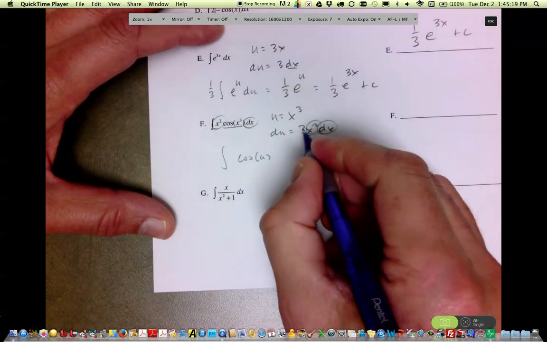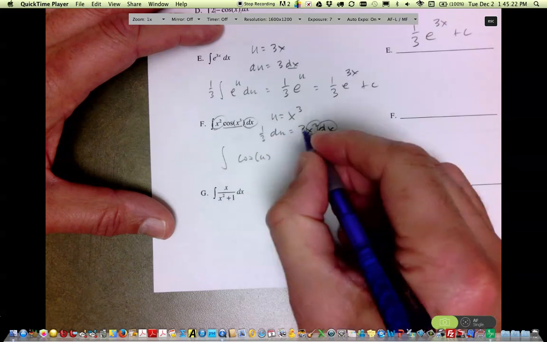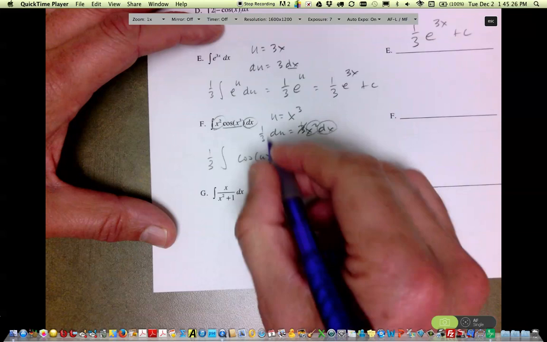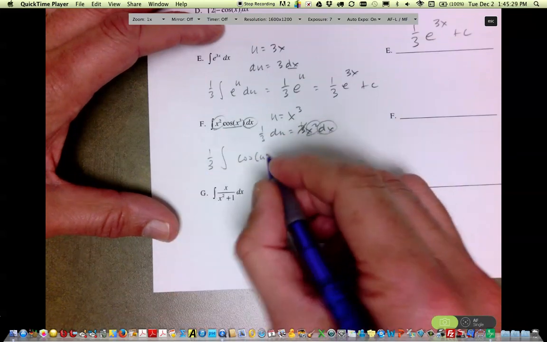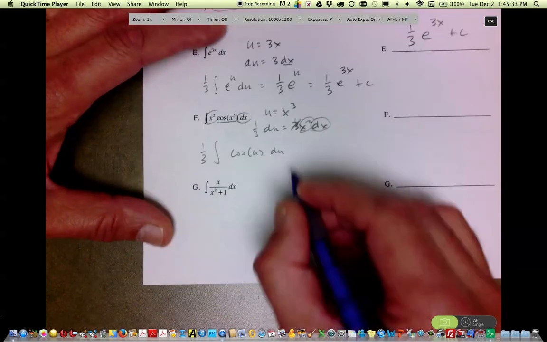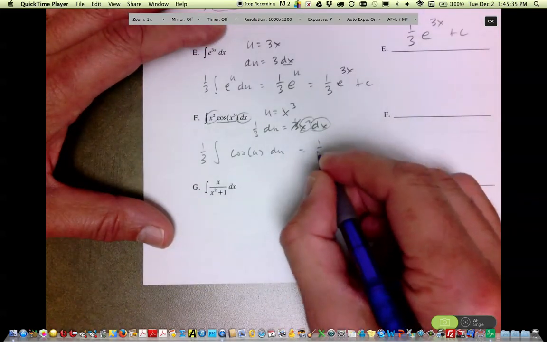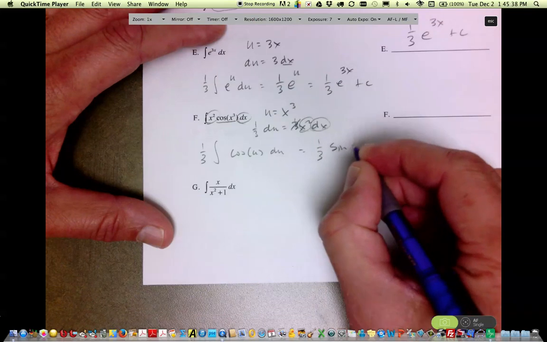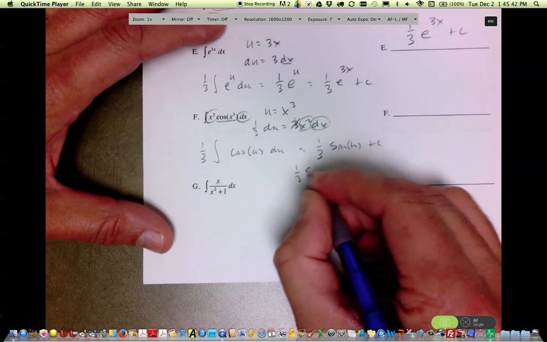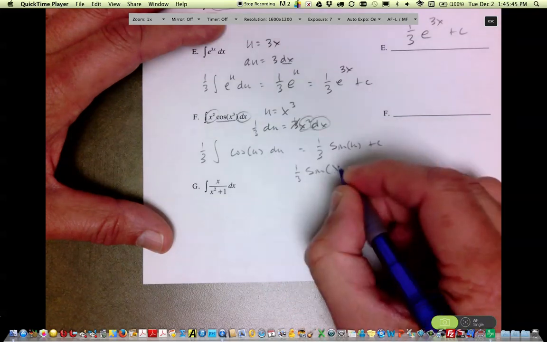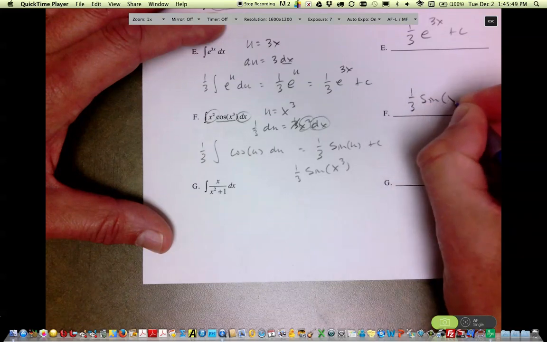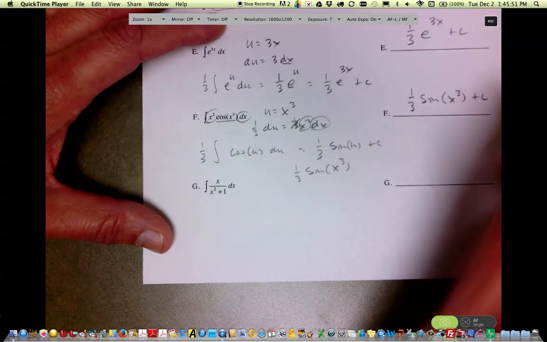The only problem is I've got this 3 here, so let's just multiply both sides by 1/3, and then x squared dx is just 1/3 du. An antiderivative of cosine is sine of u plus a constant, so we're going to get 1/3 sine of x cubed plus a constant.